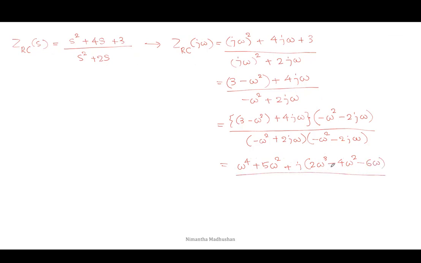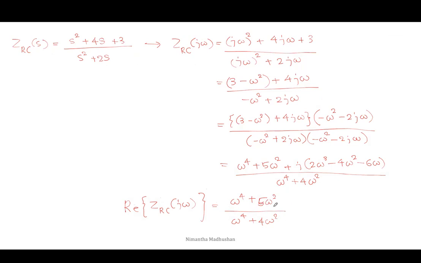The denominator is omega to the power 4 plus 4 omega squared. If we consider the real part of this Z_RC(j omega), we get (omega to the power 4 plus 5 omega squared) over (omega to the power 4 plus 4 omega squared).